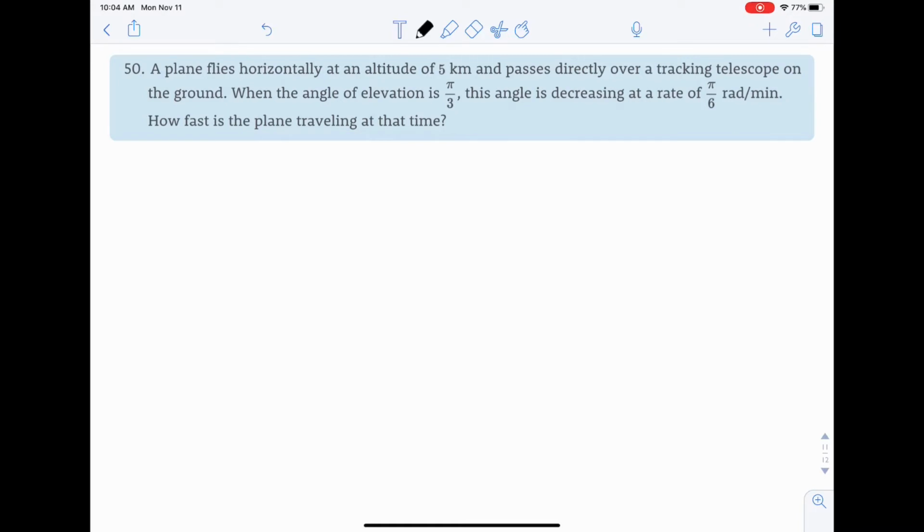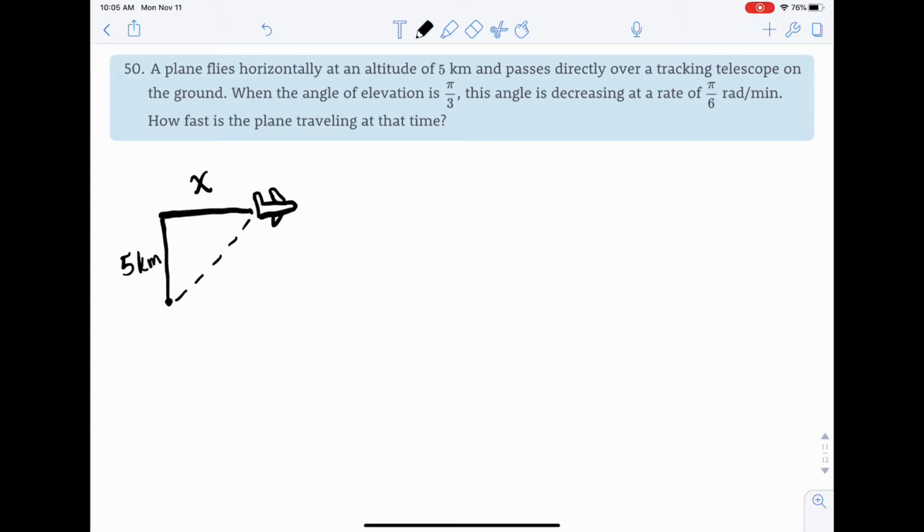So let's draw a quick picture. So we'll have our tracking telescope on the ground, and the plane flies 5 kilometers over, so 5 kilometers, and it flies past it over a certain distance. We'll call that x. That leaves our plane here. Let's draw a little plane, and that creates an imaginary right triangle.